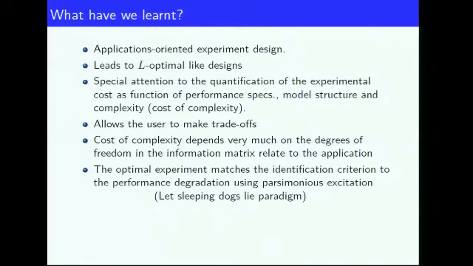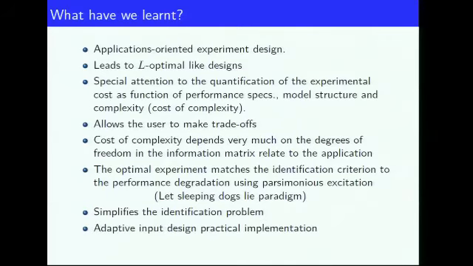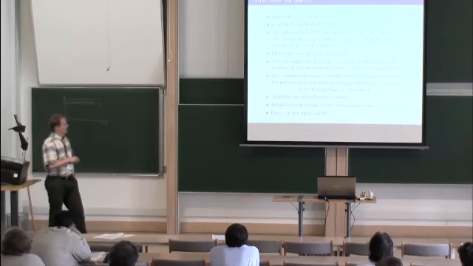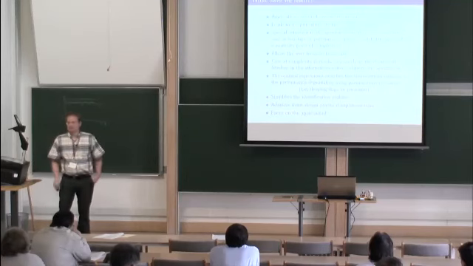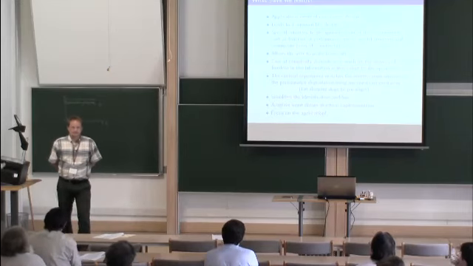I call it the let the sleeping dogs lie paradigm, which simplifies things, and that was illustrated lastly with this adaptive, non-minimum phase zero estimation problem. So this simplifies the problem a lot. I also showed that this adaptive design is a practical implementation. So in summary, we try to focus on the application. Thank you very much.